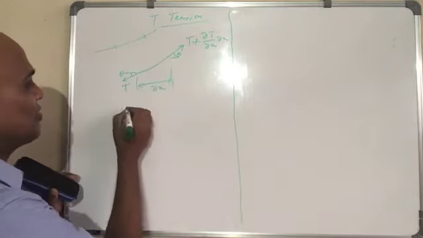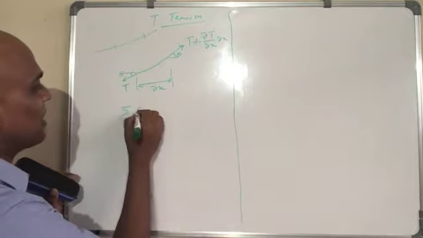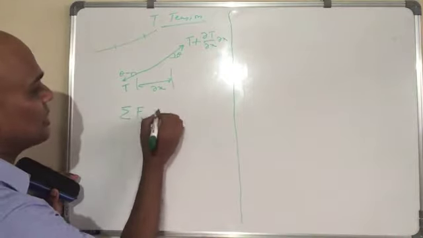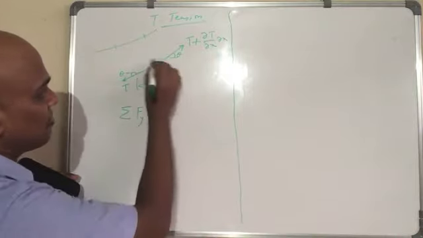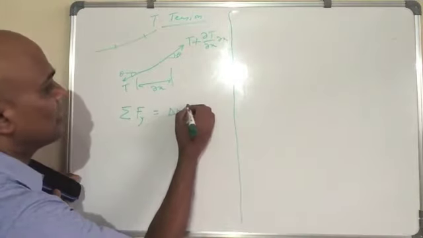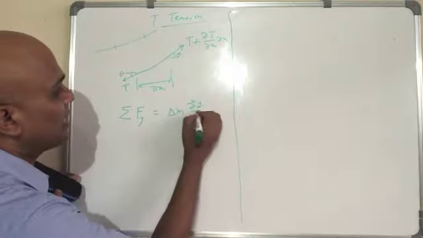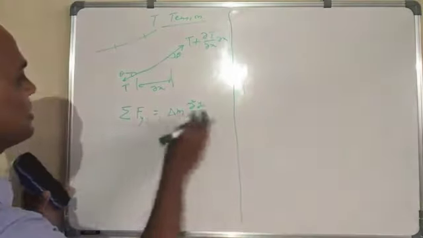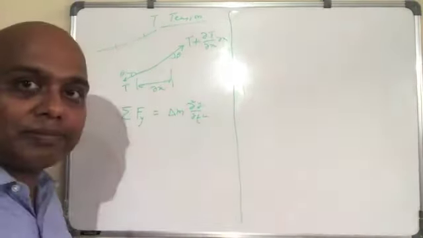The total vertical force F_y has to be equal to whatever the mass of this element is, delta m, times del square y over del t square. So this is what the equation is.